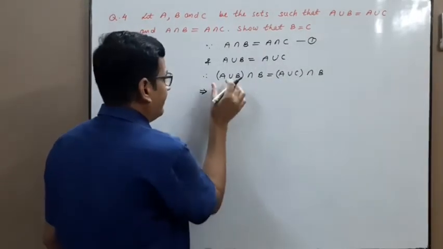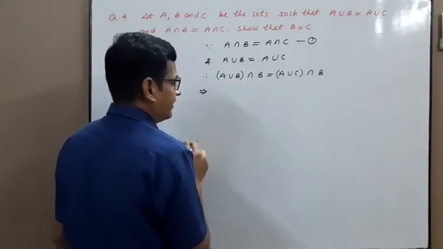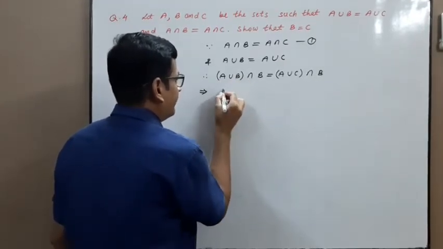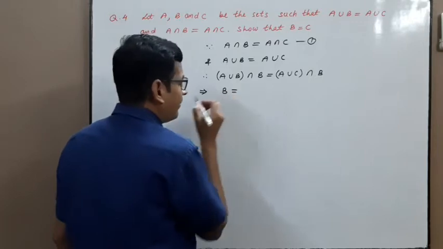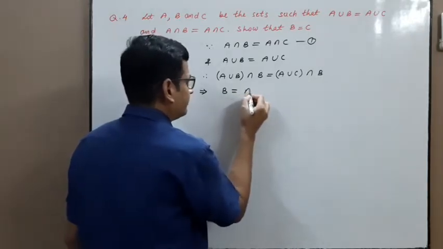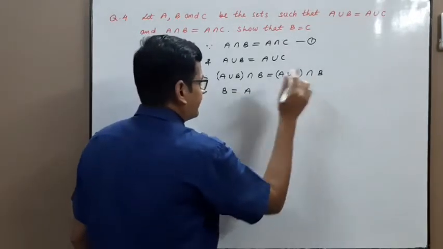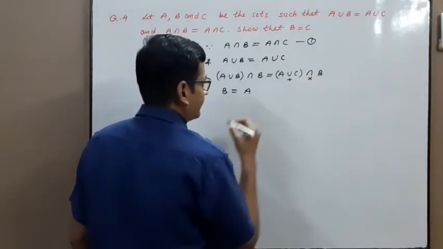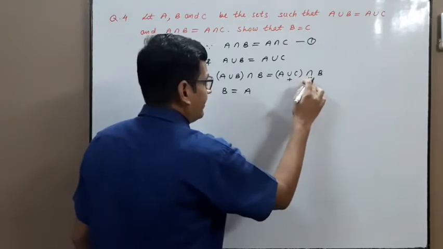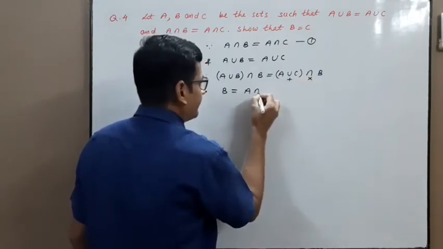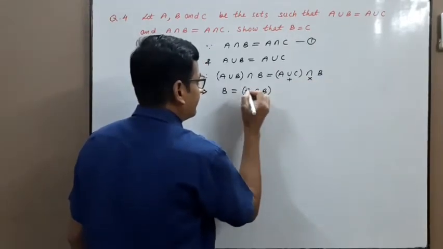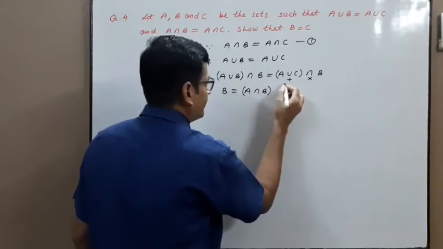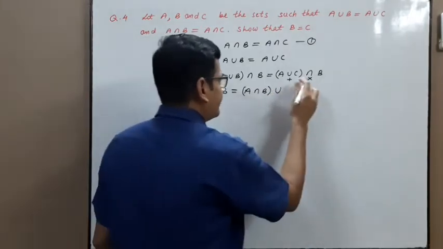Next step, A union B intersection B is equal to B by remark. A union C intersection B, use distributive property, this is into or this is plus. So A into B means A intersection B. Plus means union. Then C intersection B.